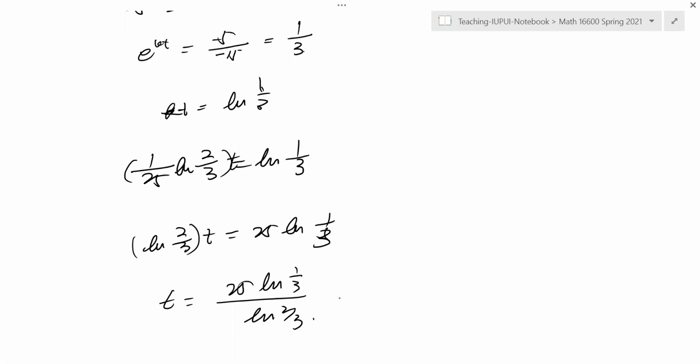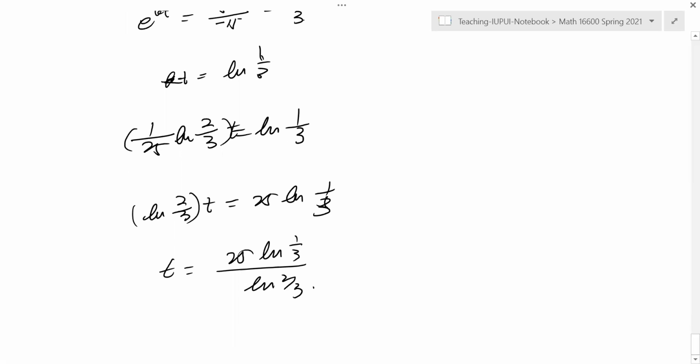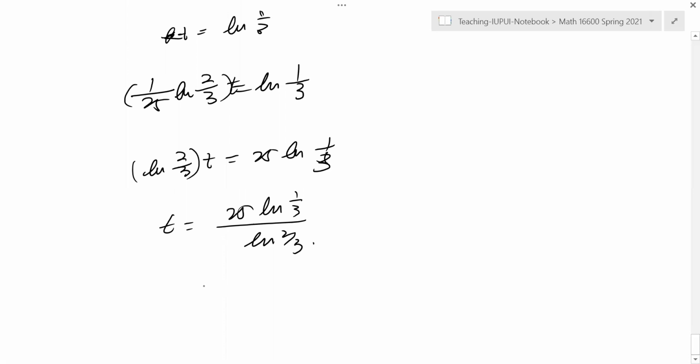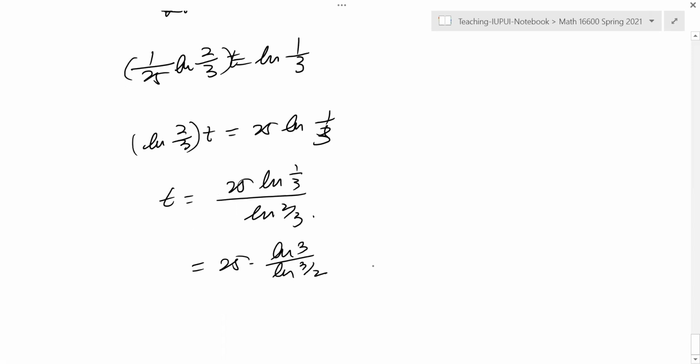This is a number larger than 25. The numerator and denominator are both negative, so you can change it to 25 natural log of 3 over natural log of 3 over 2. Now, natural log of 3 is greater than natural log of 3 over 2, which is greater than 0.